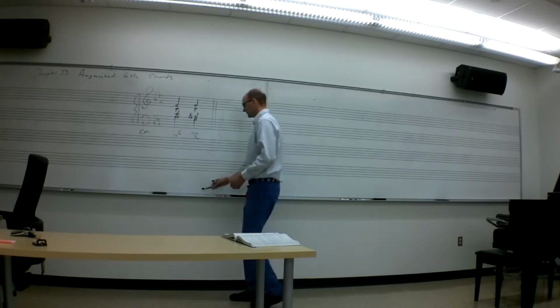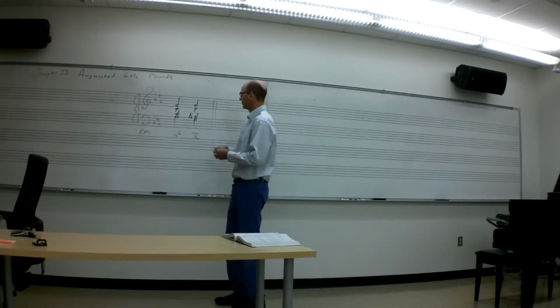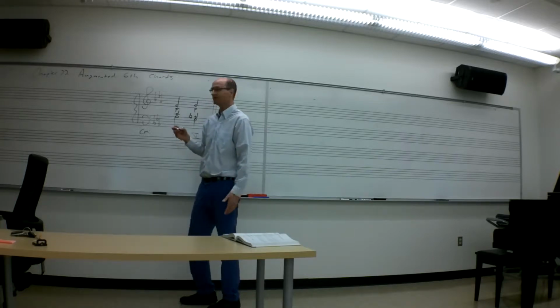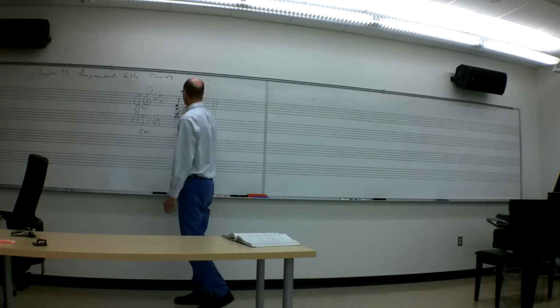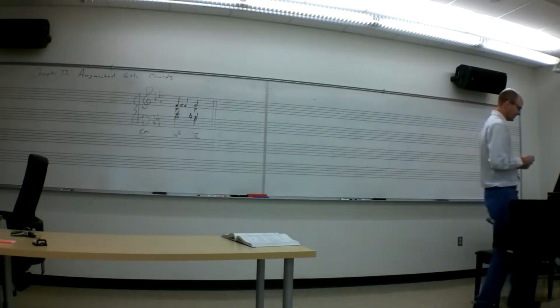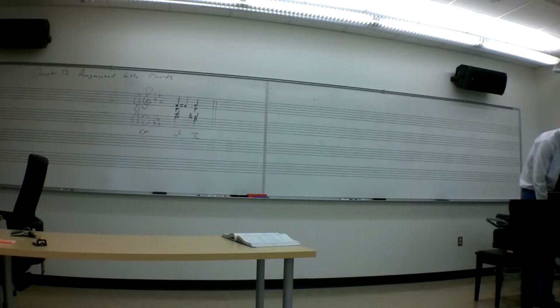So, eventually, composers started to add a chromatic passing tone, in this case in the soprano voice, from F through F sharp to G, intensifying that motion to the dominant.